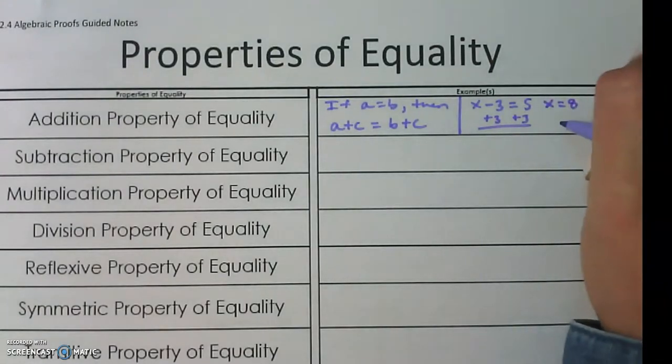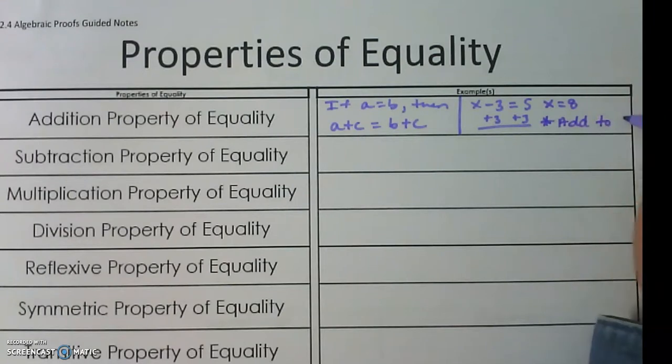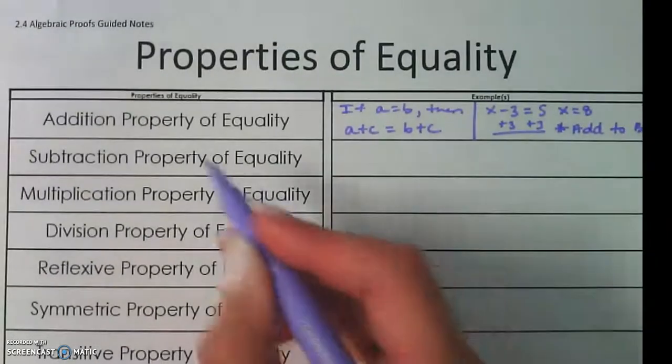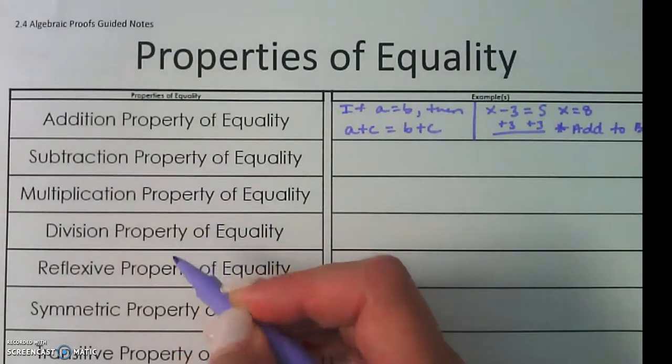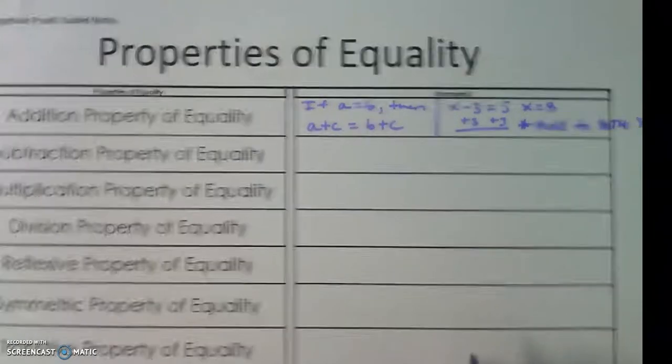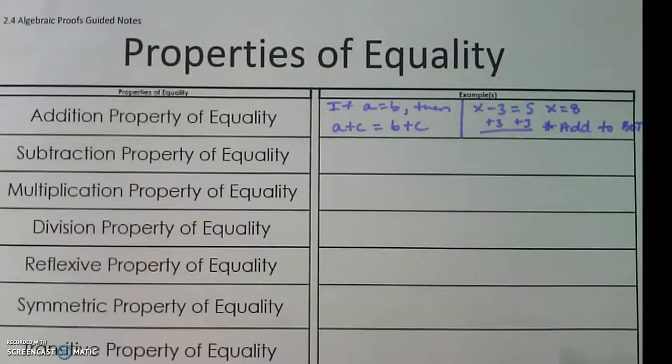So with the addition property of equality, you guys have to remember that you're adding to both sides of the equation. It's not just happening on one side, but it's got to be happening on both sides of the equation. And that's actually going to be the case for subtraction, multiplication, and division. Everything's going to be happening on either side of the equation, or on either side of the equal sign.